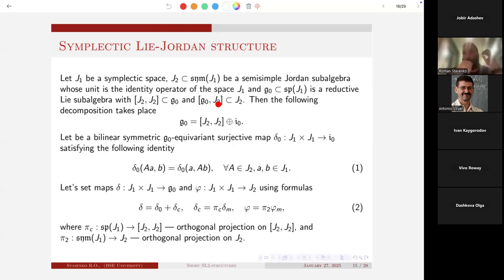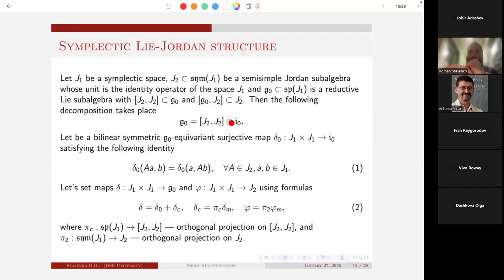In the case of a very short SL2 structure, we will see that J0 is not just the commutator of J2. Here we obtain that there is another special ideal of J0 which we can get in our object.